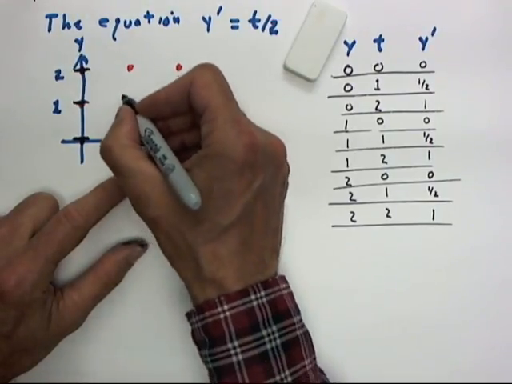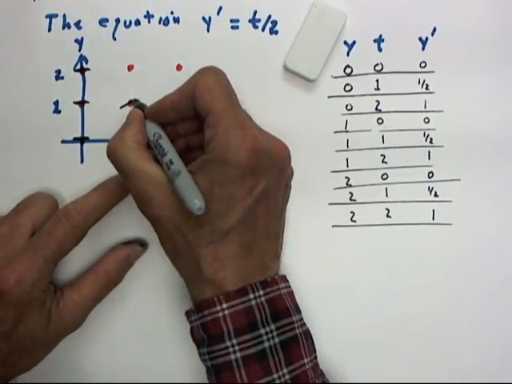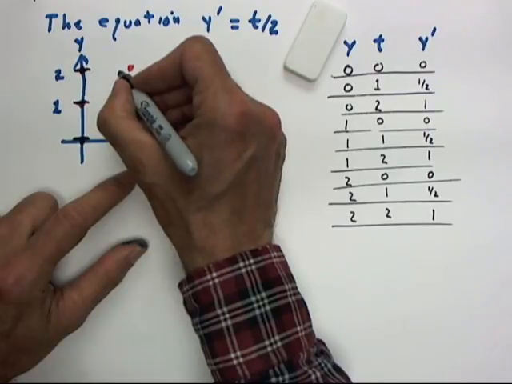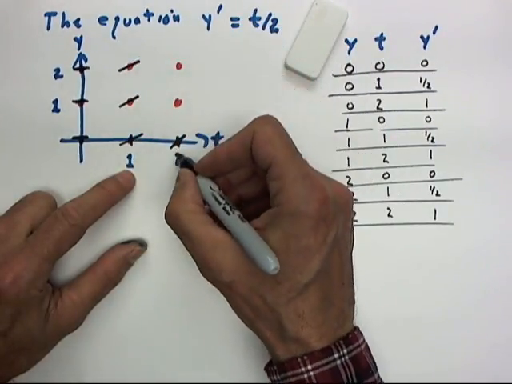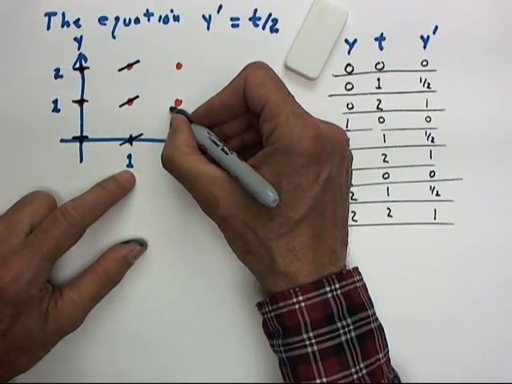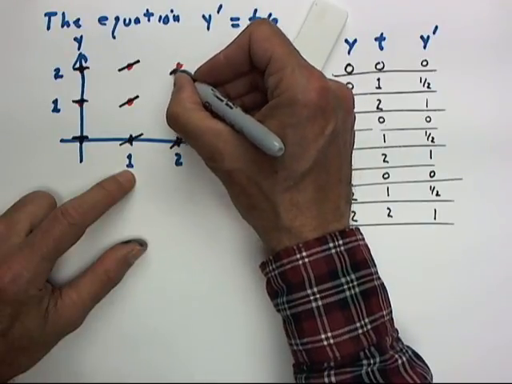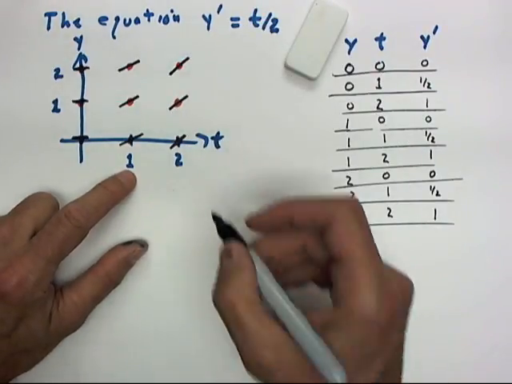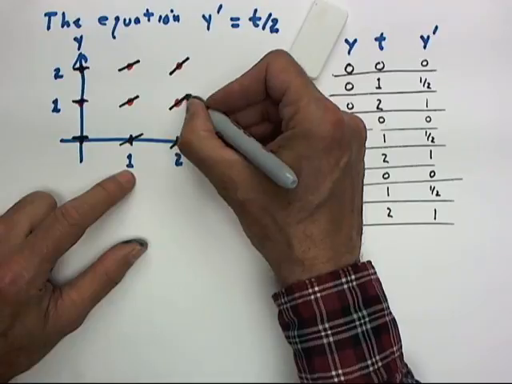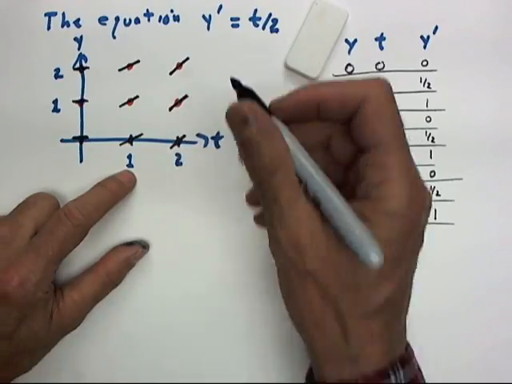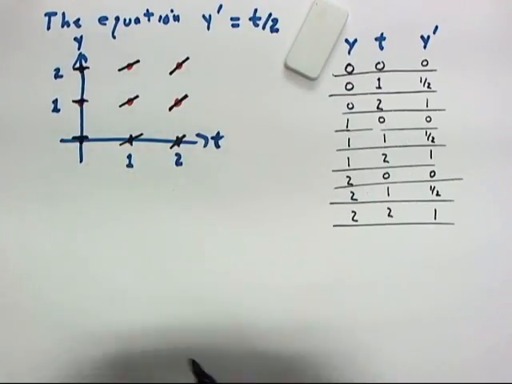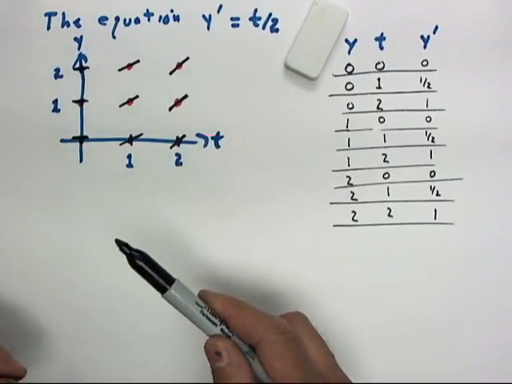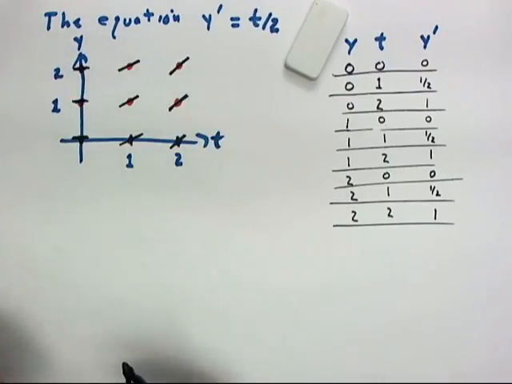So we're going to have a slope that's identical to the one we've already drawn. And then at t equals 2, our slopes are 1. And right here is a picture. I don't think I did those slopes quite accurately. The one should probably be a little bit steeper, but we get the general idea.